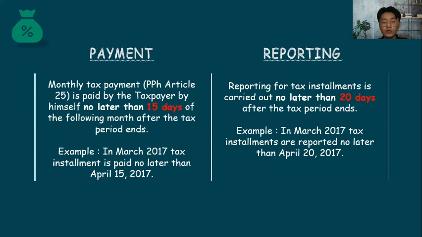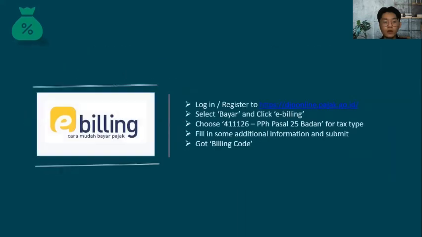And then the reporting for the tax installment is carried out no later than 20 days after the tax period ends. For example, for March 2017, the tax installment is reported no later than April 20, 2017. And then for the procedure of fulfilling the tax Article 25, we can use e-billing.